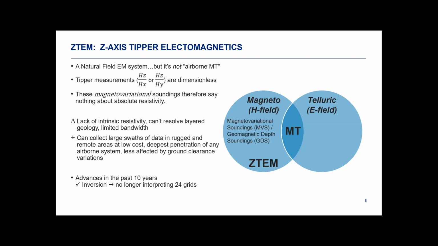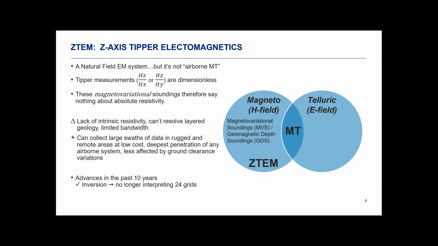The downside of these methods is the lack of intrinsic resistivity, and you can't resolve layered earth geology. And of course, there's a limited bandwidth, which has to do with collecting these data from a helicopter in a moving field, bouncing around. But on the positive side, you can collect large swaths of data in rugged and remote terrains at low cost.